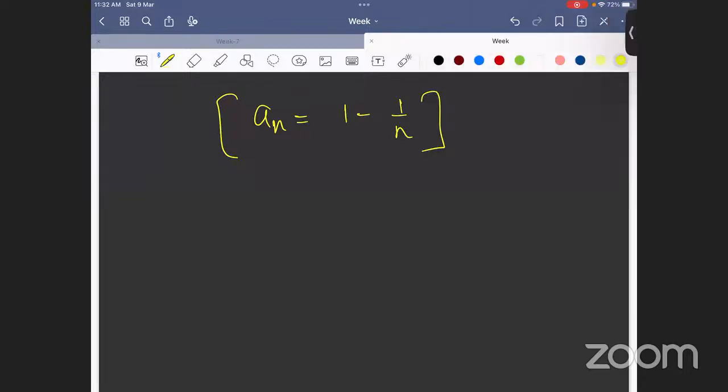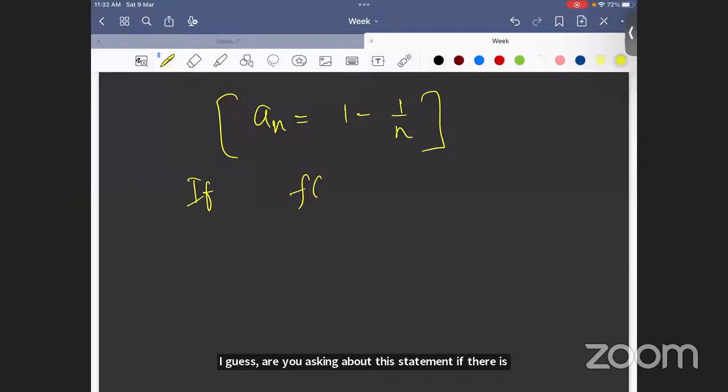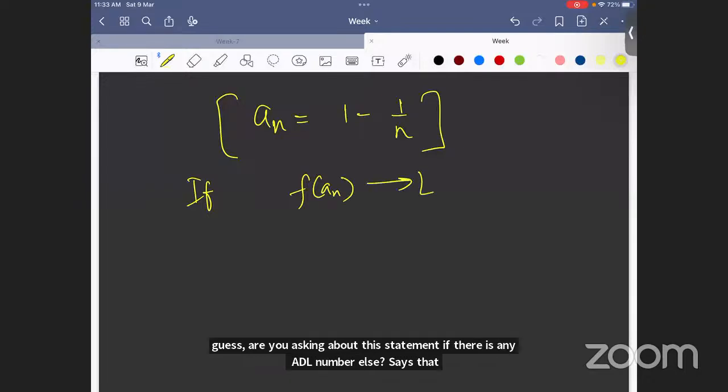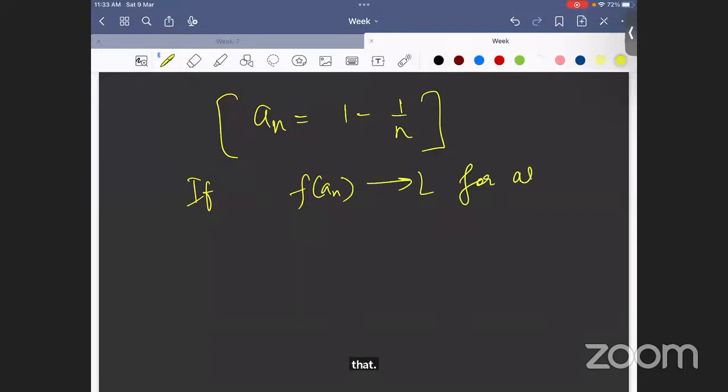Let's check what it's asking. Are you asking about this statement: if there is any real number L such that f(an) is tending to L for all sequences an?